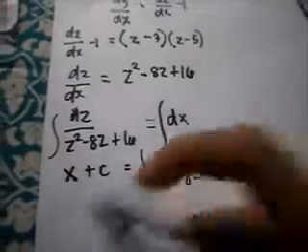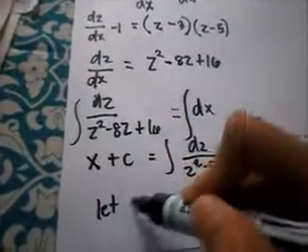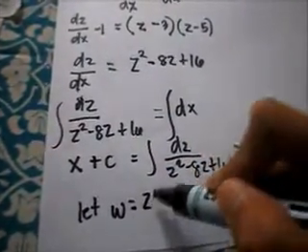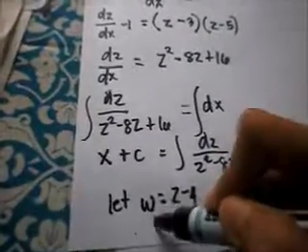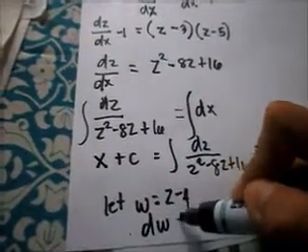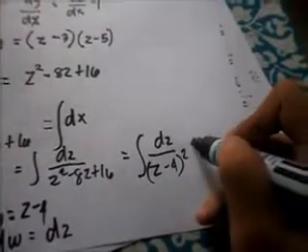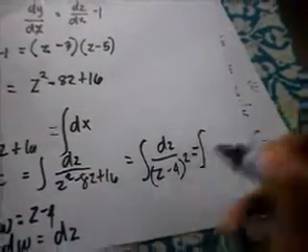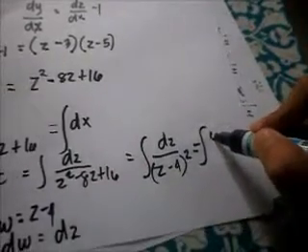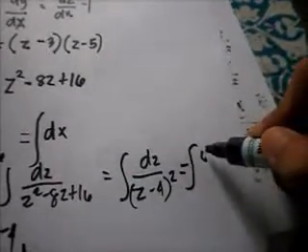If we let w equal z minus 4, we have dw equal to dz. So we can transform this function to dw.